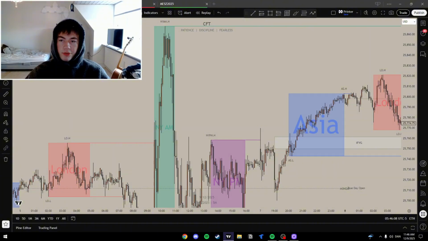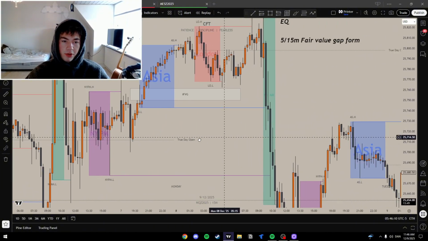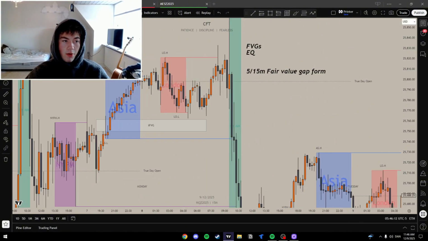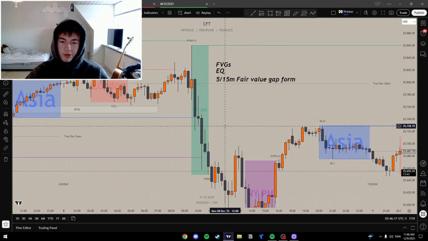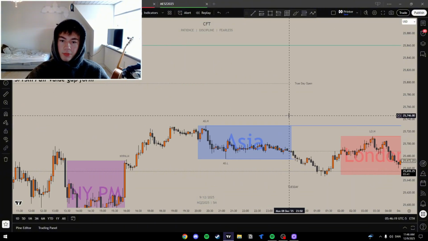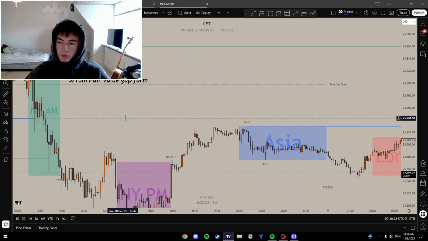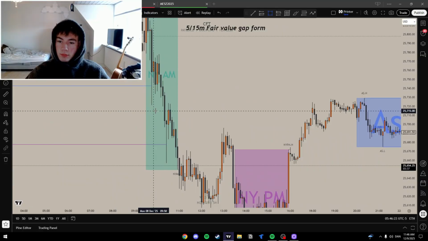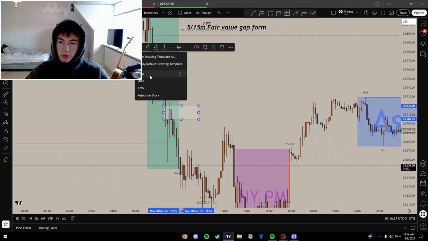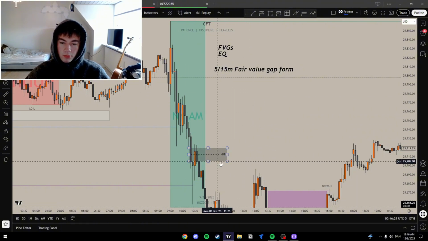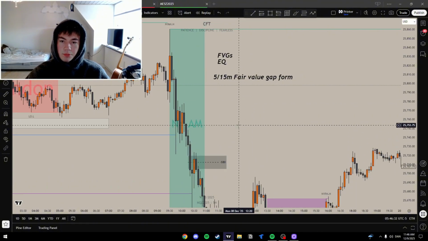So let's see if there were any 15-minute fair value gaps. Nope. As you can see, we closed every single one that we created. How about a 5-minute? Oh, what's this? We have this fair value gap right here. Alright. We have this fair value gap and we tapped into it.